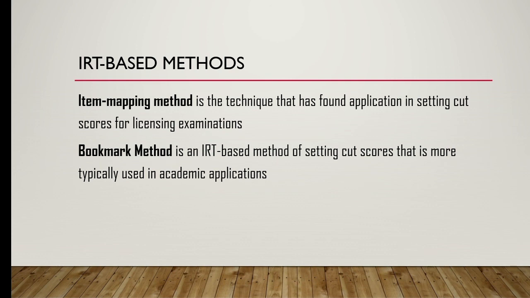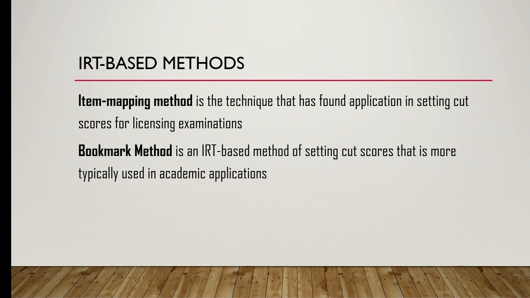Within the item response theory, or IRT, framework, however, things can be done a little differently. In the IRT framework, each item is associated with a particular level of difficulty. In order to pass, the test taker must answer items that are deemed to be above some minimum level of difficulty, which is determined by experts and serves as the cut score.